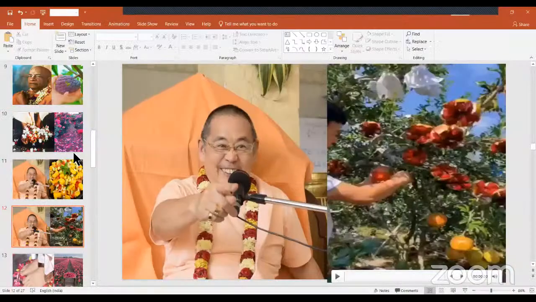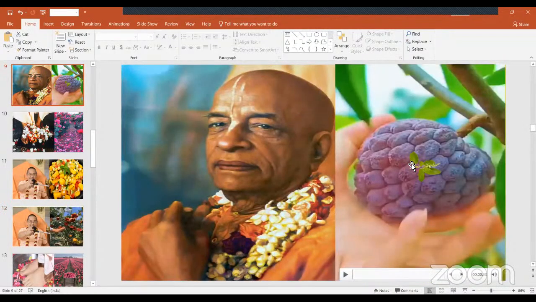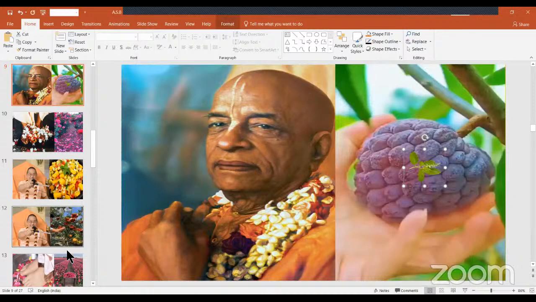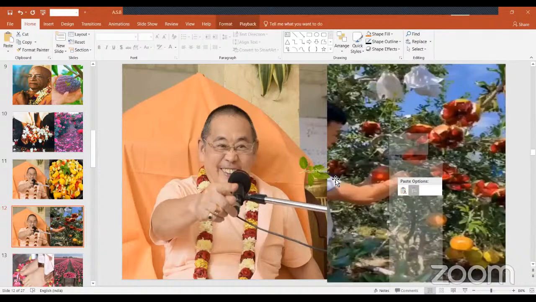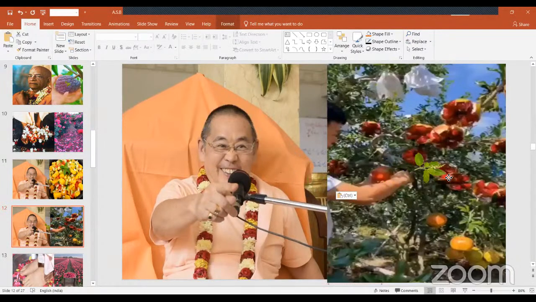These fruits. Only thing, we will keep one Manjari Tulasi in that fruit. Then we can offer it for Shri Radha and Krishna, and then we can offer that for Maharaj.